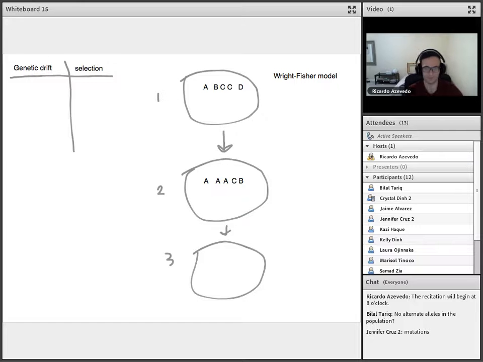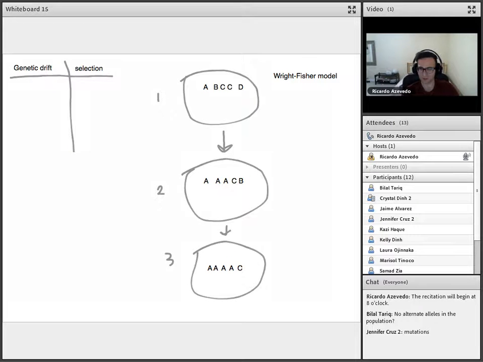Okay, I can actually use the same scenario to explain several different ideas related to drift. First of all, as you can see, the change in frequencies. At the beginning we had A, B, C, and D, so 4 different types, and 5 individuals in the population.